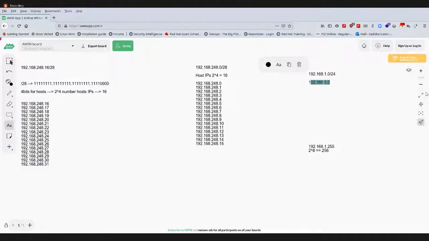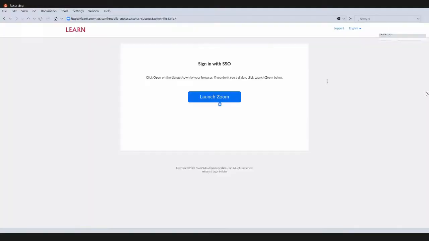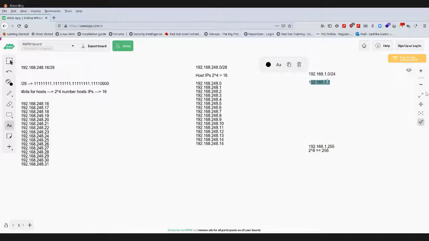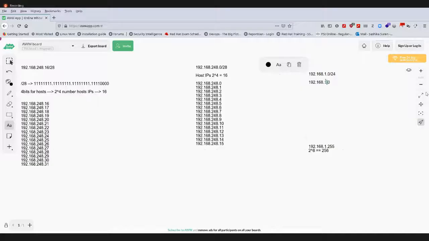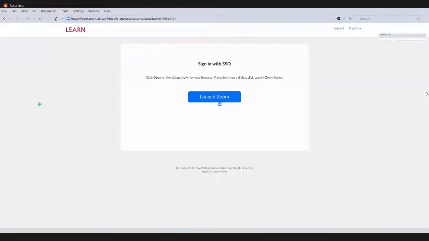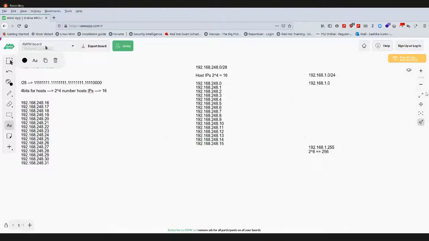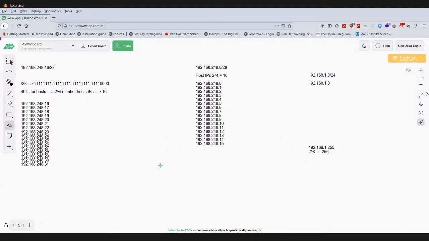Now, once you create any type of network, keep in mind that it will always reserve the first IP address of the subnet as the network IP address. So that is the theory. We cannot assign the first IP to any machine.